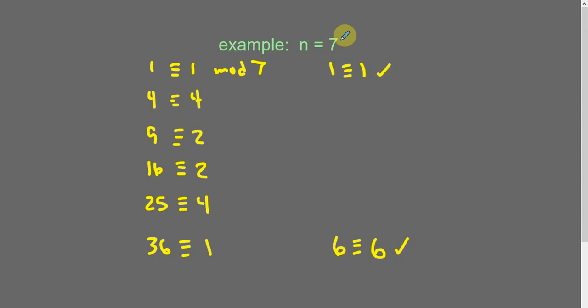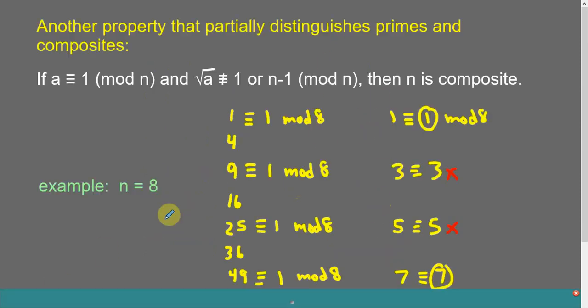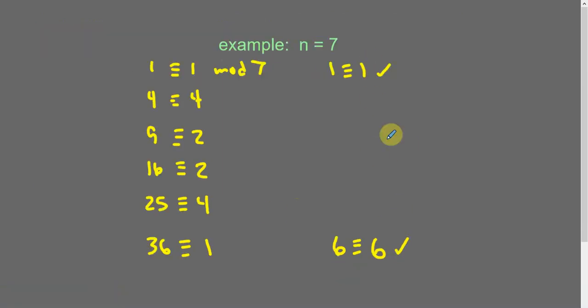But anyway, we know 7, of course, is a prime, and it is working, right? So that's an interesting property that composites have: they fail the so-called test because they have these square roots that aren't what they're supposed to be. Primes always give you a 1 or an n minus 1 when you take the square root.